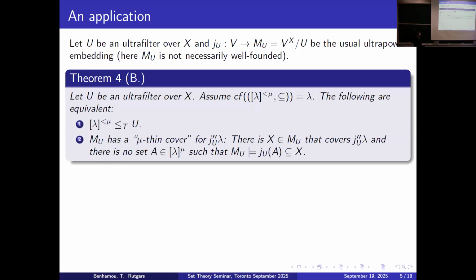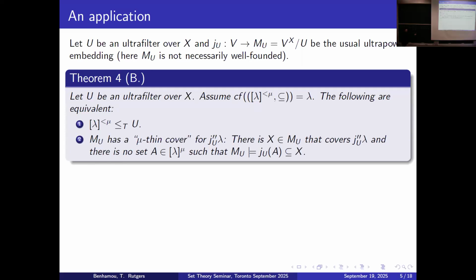What do I mean by that? There is an element of the ultrapower which covers the pointwise image of lambda. When the ultrapower is not a transitive model, then we need to explicitly say what we mean here. So I mean that for every i less than lambda, the ultrapower models that j_U(i) is an element of X. Now that makes sense.